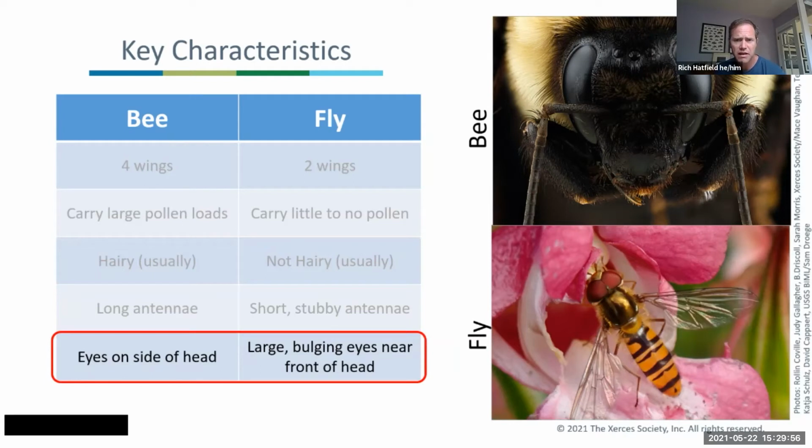Generally, bees are going to have their eyes on the side of their heads, and flies have these large bulging eyes near the front of their heads. So these are all things that we can look at. Another thing that's not listed here is the legs. Flies tend to have these real skinny, what I call chicken legs, whereas bees have much more robust structures for grooming and carrying pollen around.